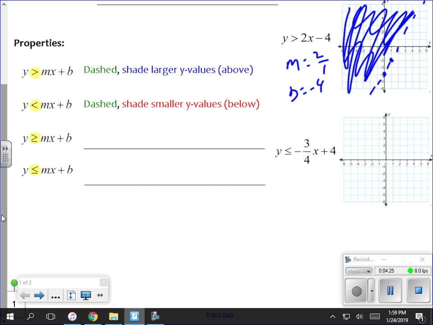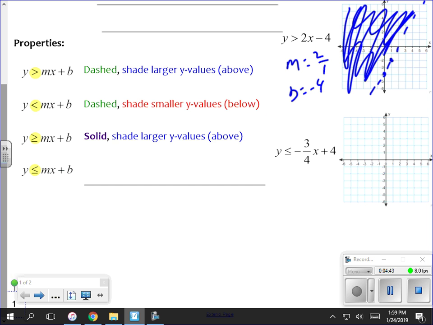Now, if it's greater than or less than, it's a dashed line. It's shaded above or below. If it's or equal to, it's a solid line because it can be that value.